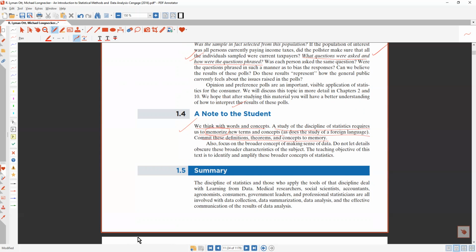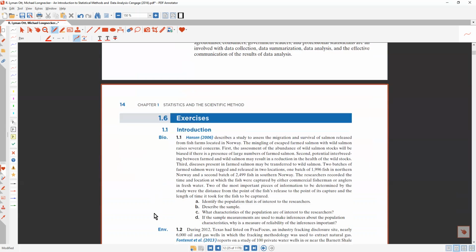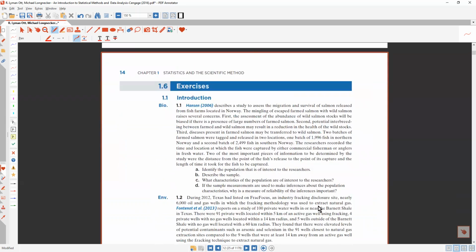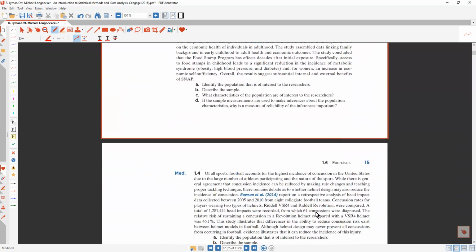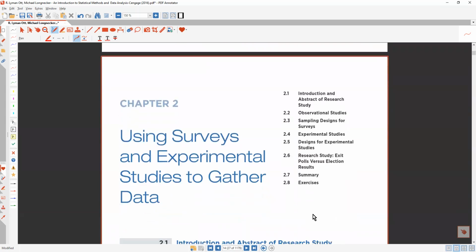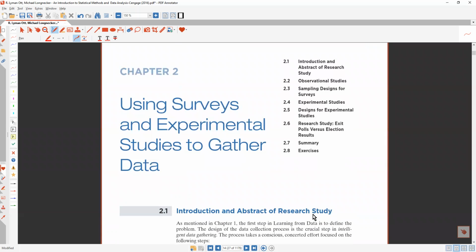Okay, so I think that's about it for chapter 1. There's a brief summary, and there's some exercises. Some of those exercises from the chapters may appear on assignments as we move forward. We're going to end there for today, but on Wednesday, we are going to start talking about surveys and experimental studies to gather data.